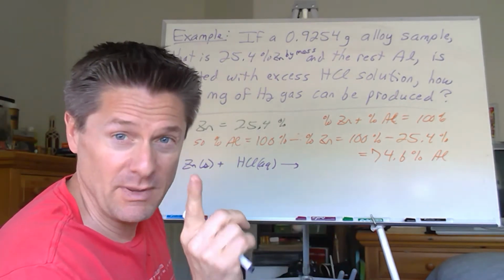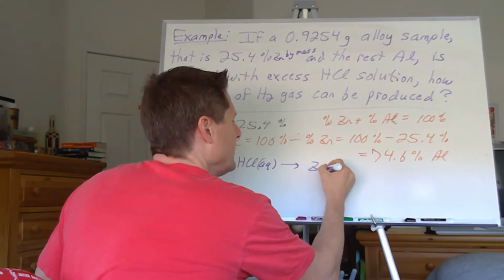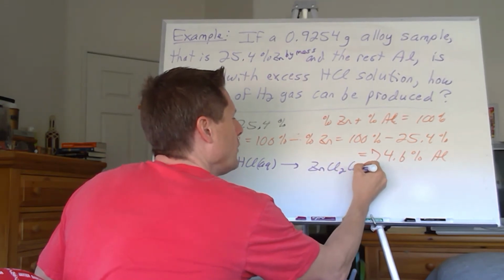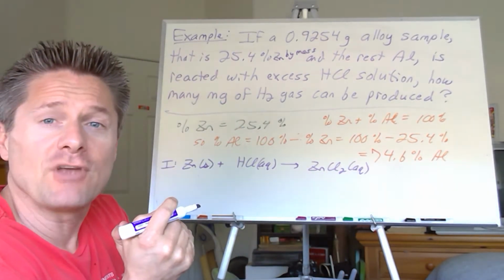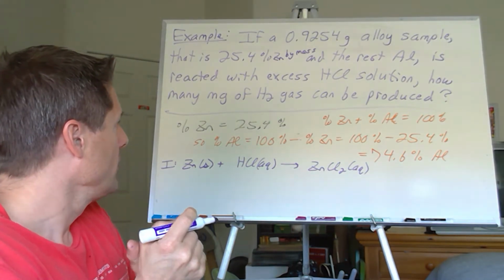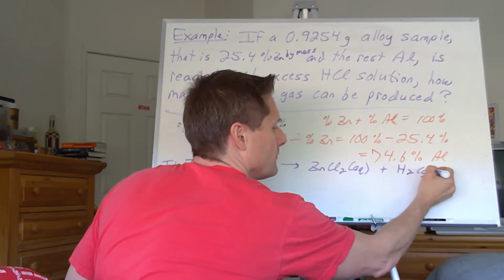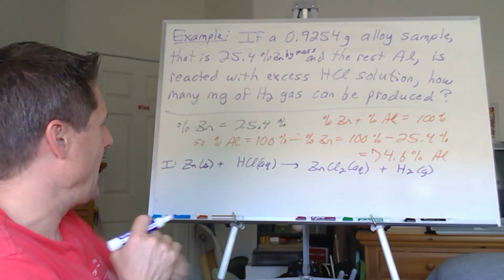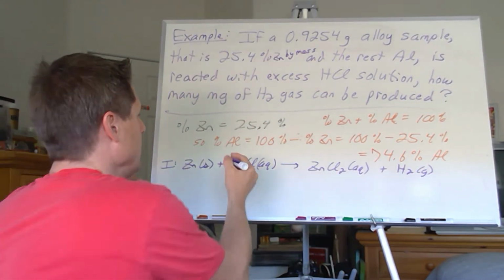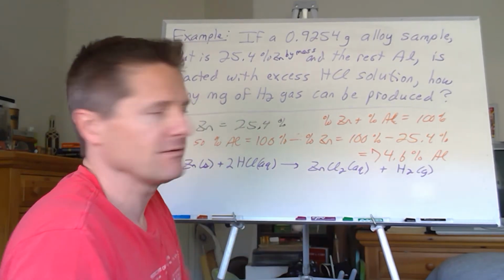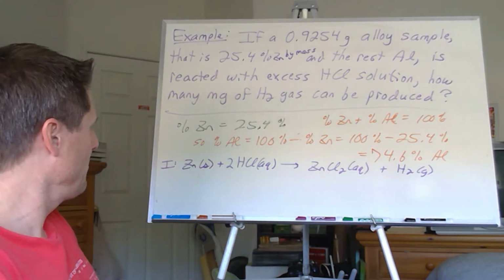Zinc will always be a +2, so it'll end up with 2 chlorides. And if you look on your solubility chart, that's soluble. Plus hydrogen gas. And then we've got to balance this. Zinc, 2 chlorines, so let's pop a 2 there, 2 hydrogens. That wasn't too bad.